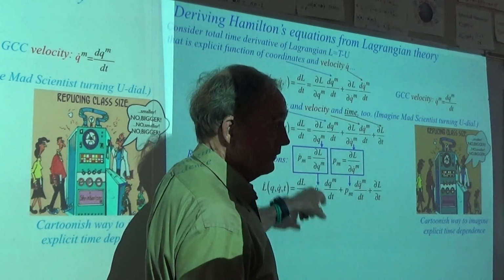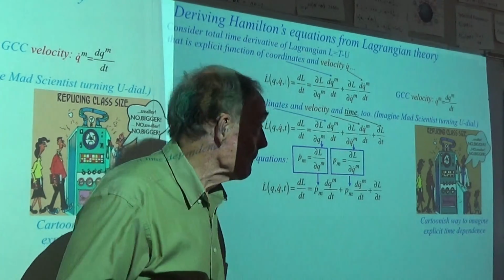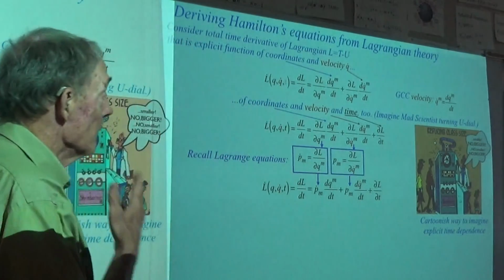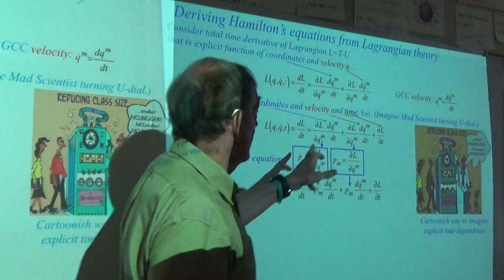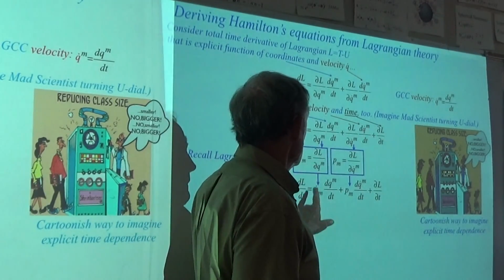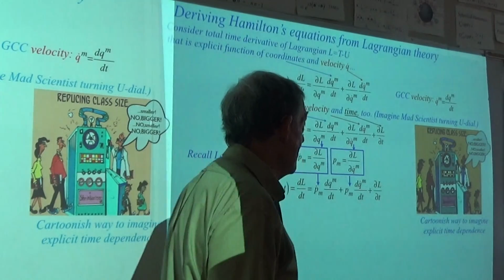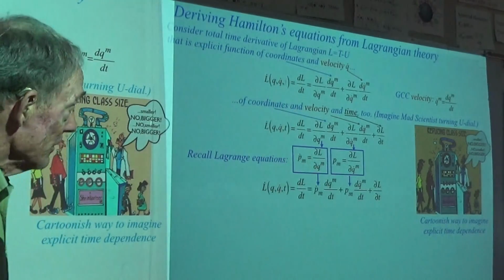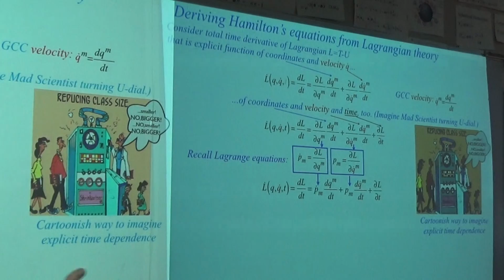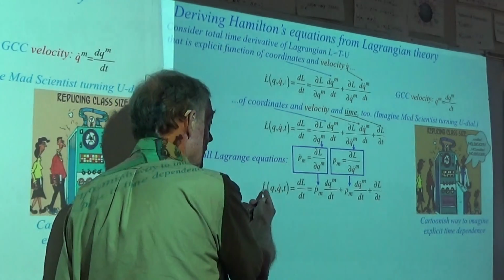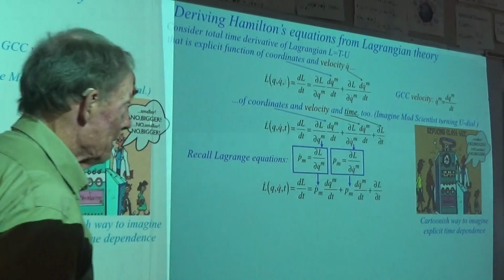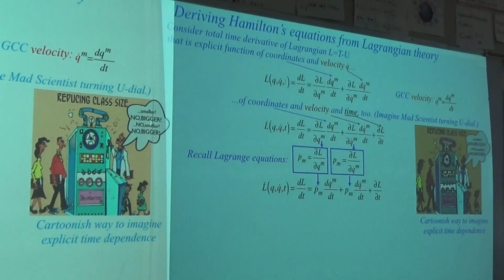Easy way to remember the Lagrange equations. Here we use them in order and replace this coefficient of the chain rule with the p and the p dot. First the p dot and then the p. That gives us the total time derivative of our Lagrangian.